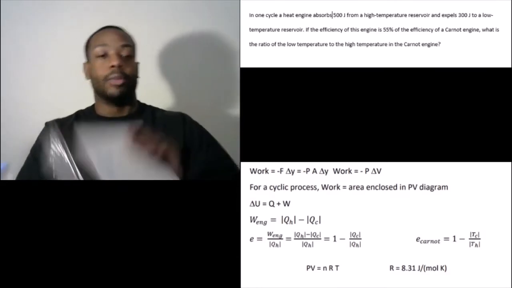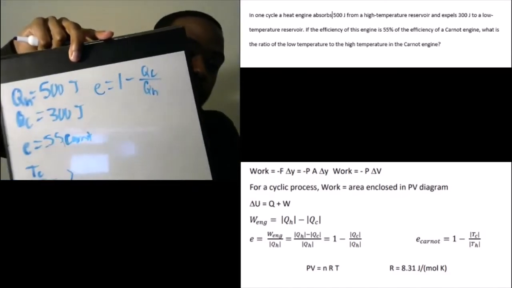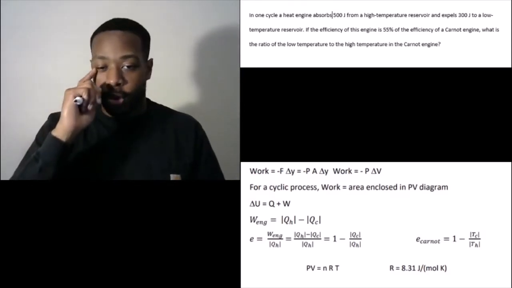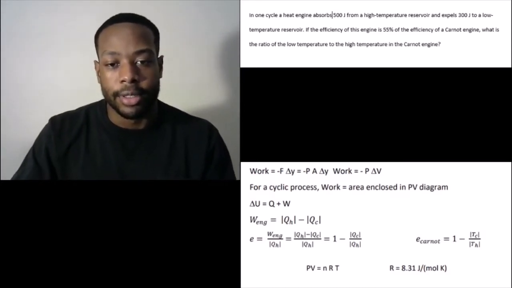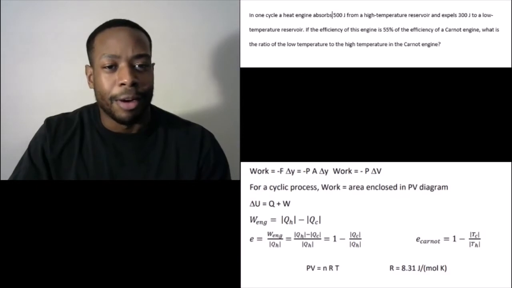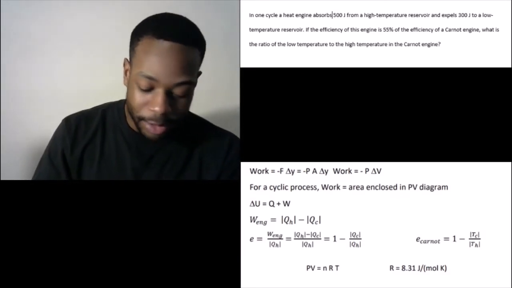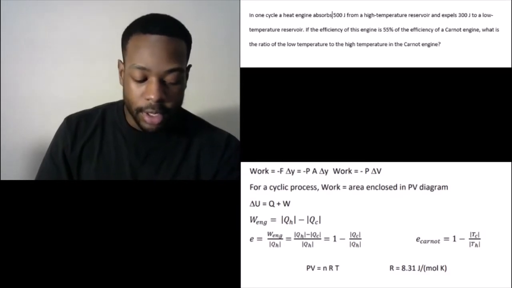I'm going to settle on 1 minus QC over QH. I may have used a different one, but this is the one I'm going to use. It's not a lot of work. QC is going to be 300 and QH is going to be 500.